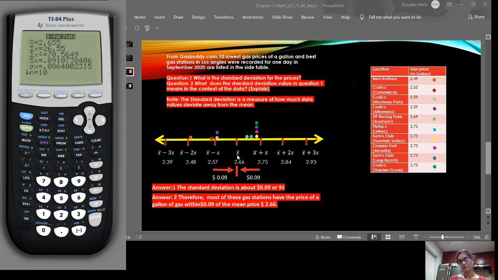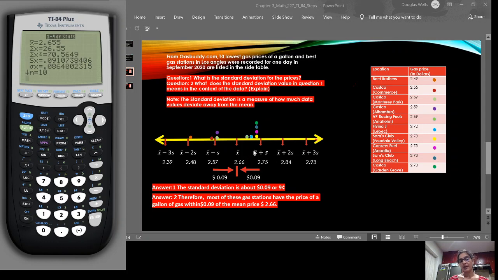So I took the mean and added 1 times the standard deviation to get this value. Now to get the next value, I took the mean and added 2 times the standard deviation, and that yields the value 2.84. The last value is 2.93, mean plus 3 times the standard deviation.